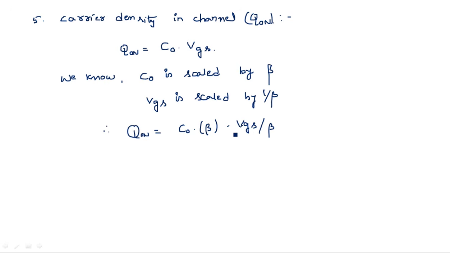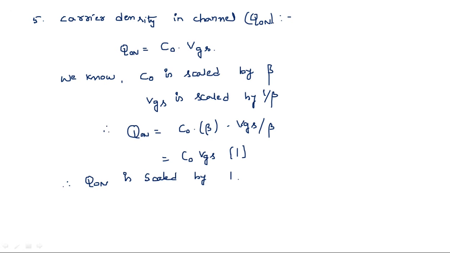So what is the resultant factor? Beta and beta get cancelled, and again you will be having C0 into VGS. So there is no scaling factor; in that case we are saying it is 1. Therefore Q on is scaled by unity 1. That means we cannot scale it down.